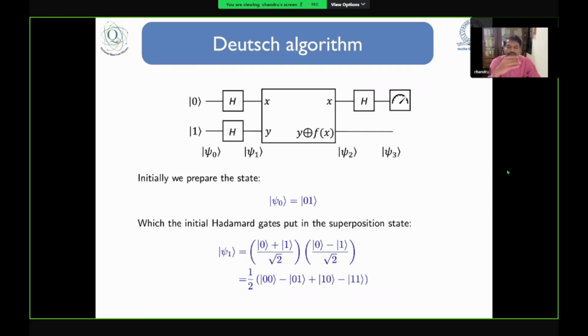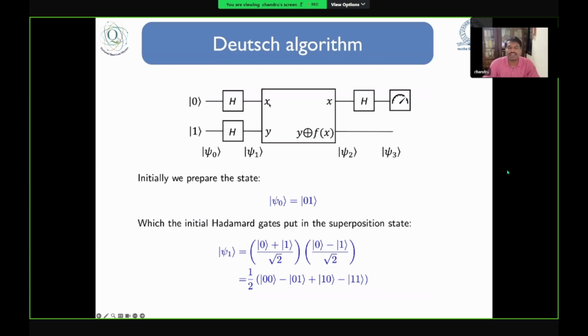So this is a circuit which can do that. I can take a 2 qubit state, 0 and 1, as an input state, and all that I need to do is what this f of x will do. I don't have to worry about my input. Whether f of x gives me a balanced output or a constant output is what I need to figure out. I can begin with some state 0 and 1, and implement a Hadamard operator.